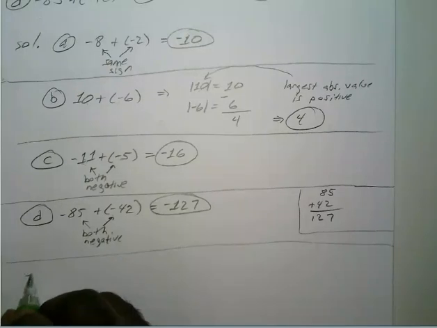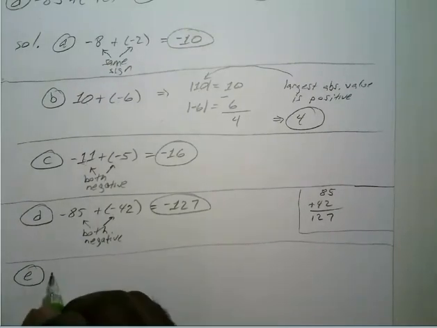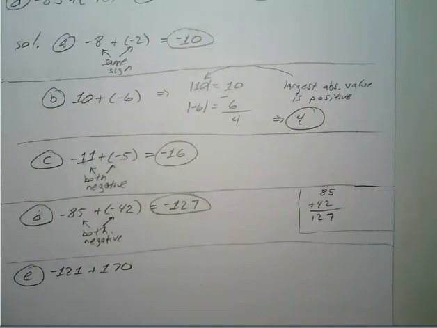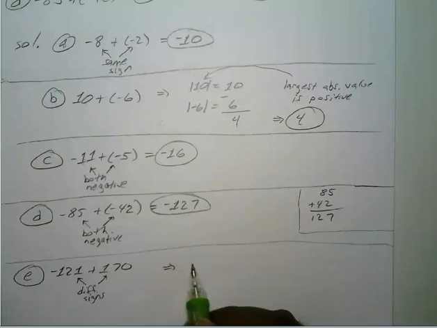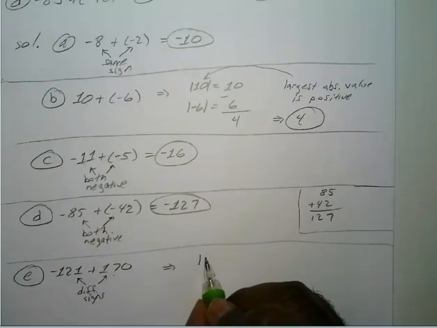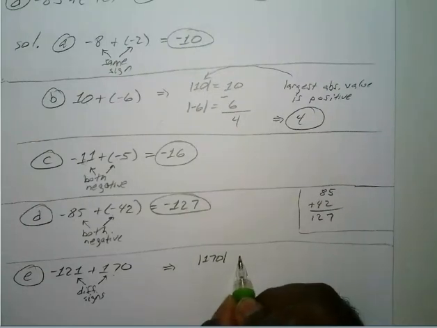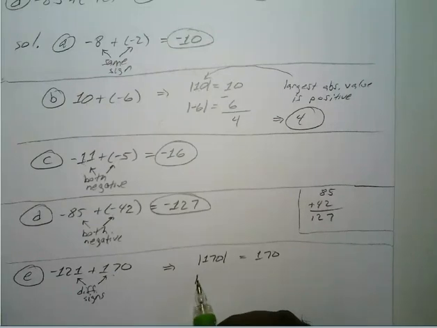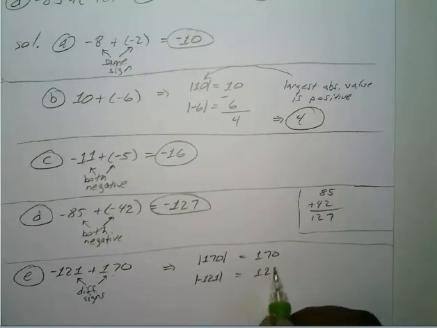Okay, go ahead and do problem E. -121 plus 170. You see here that they're different signs. We know that 170 is the larger absolute value, so we put that on top. The absolute value of 170 is 170, and the absolute value of -121 is 121.